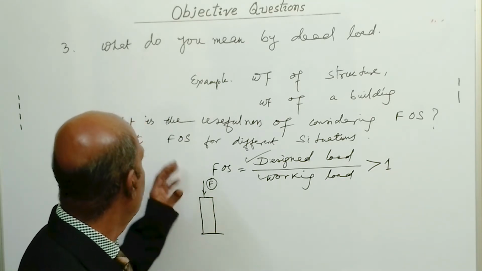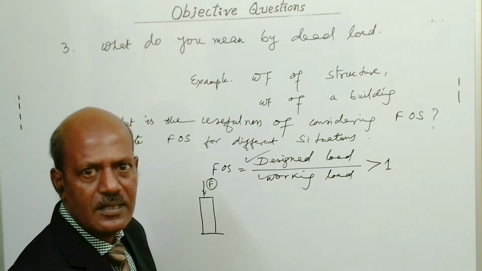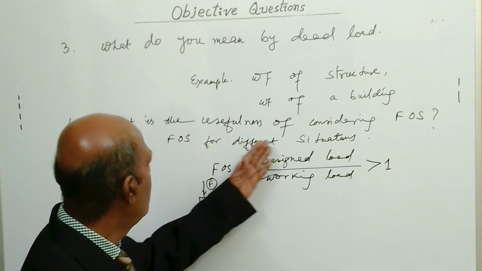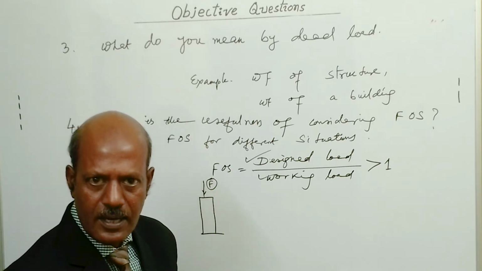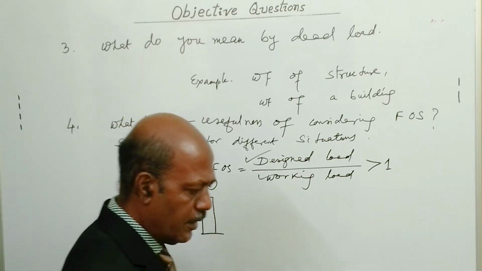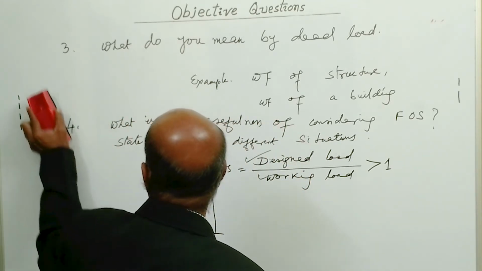That's why an optimum condition is considered in between these two, and it is one of the most critical tasks of a designer to set the factor of safety for a product. Okay. Next question we'll see.